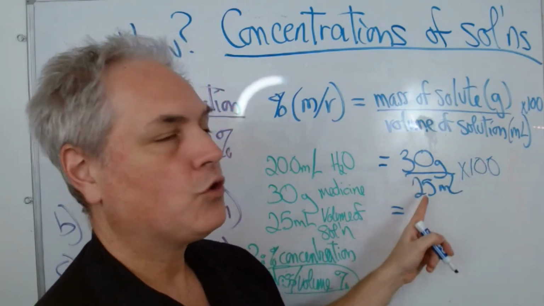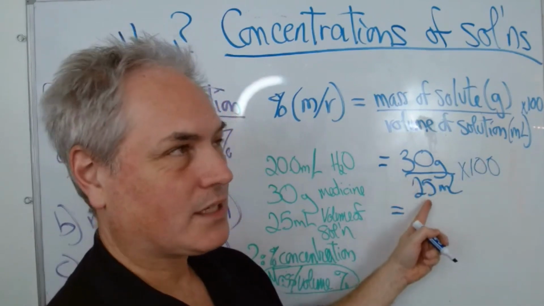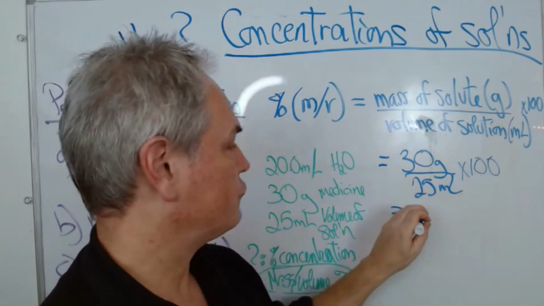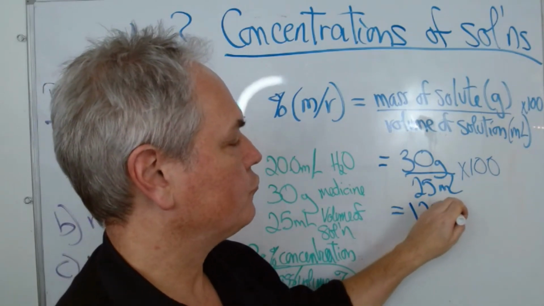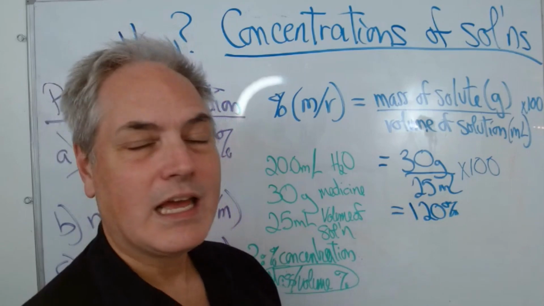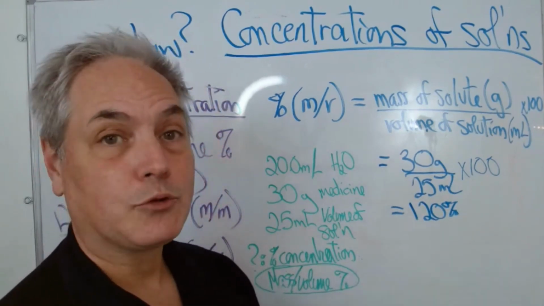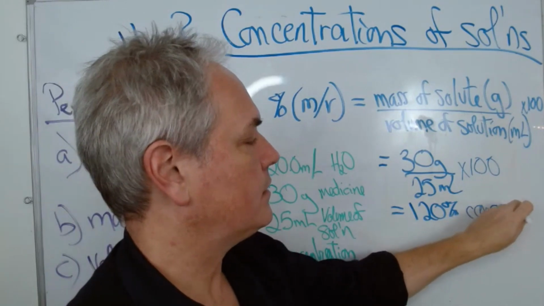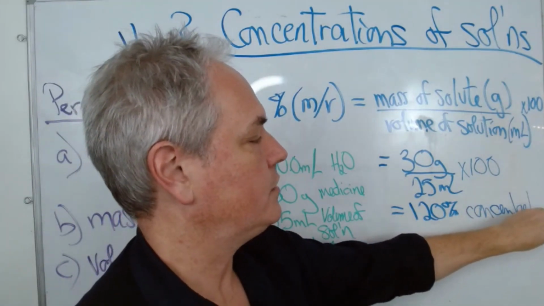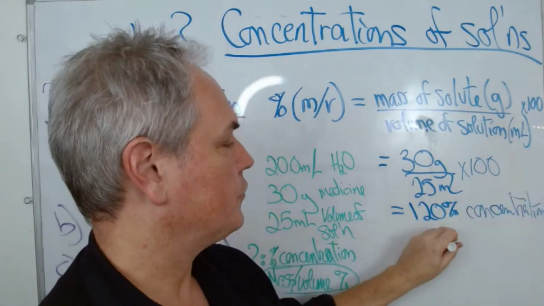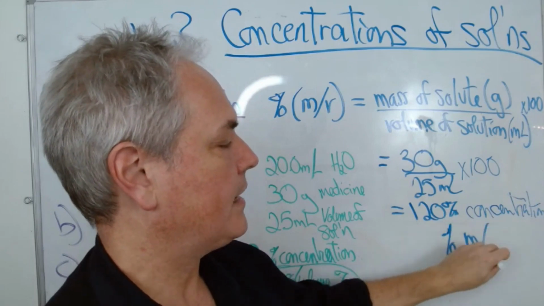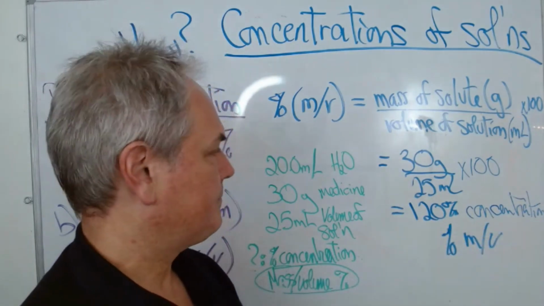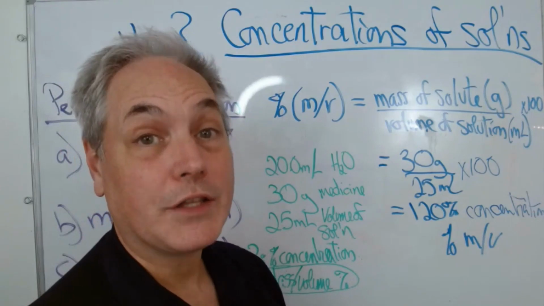We end up with 30 divided by 25, which gives us 1.2, times 100. We have 120% concentration based on the percent mass volume, like this. So here's an example of the calculation.